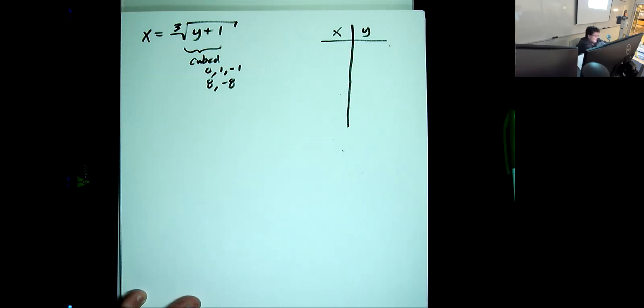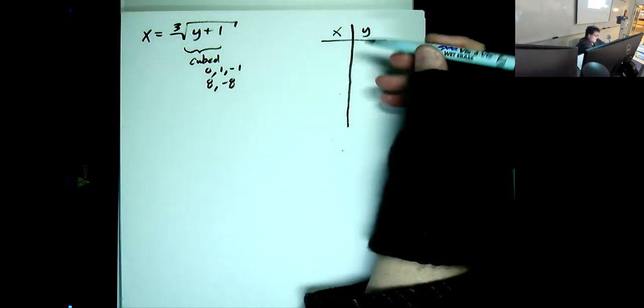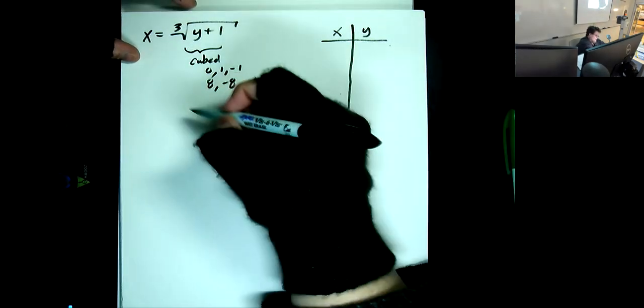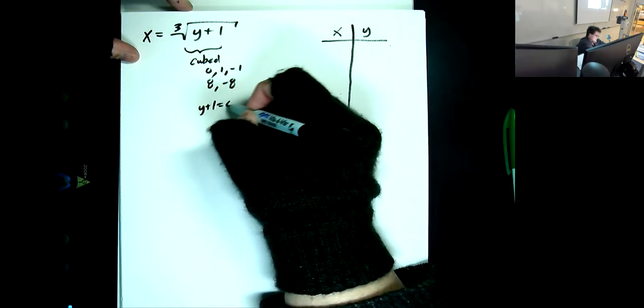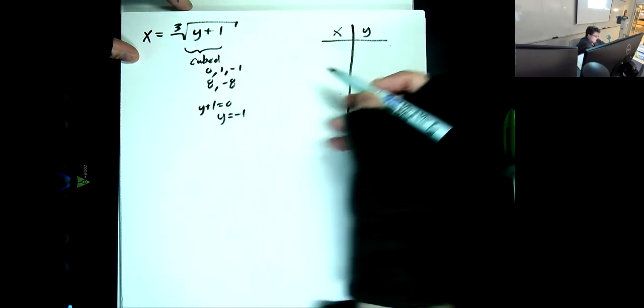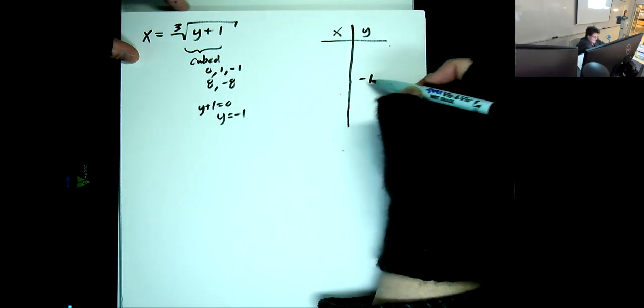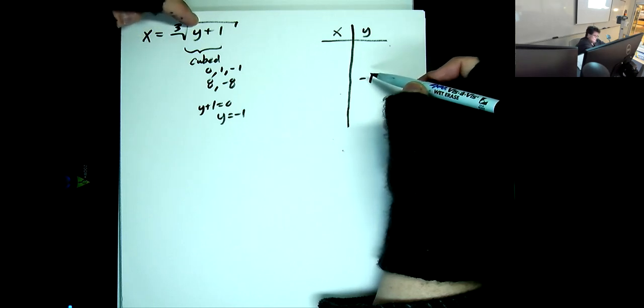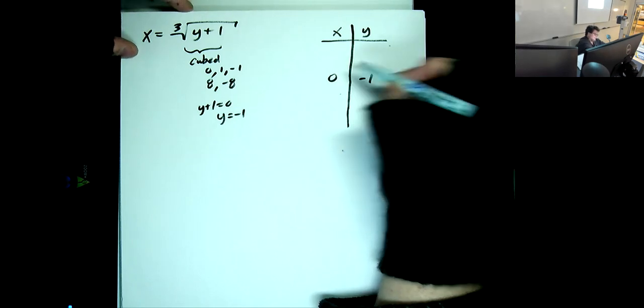If I don't, I need a calculator. So I can see I want 0 in the middle of all these. If I set the center equal to 0, I could see at y equals -1, I get 0 in there. -1 plus 1 is 0. So the cube root of 0 is 0.